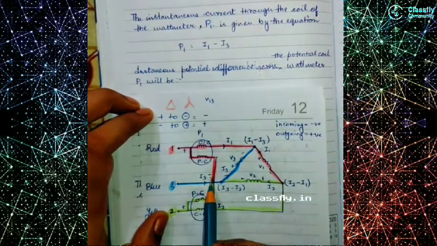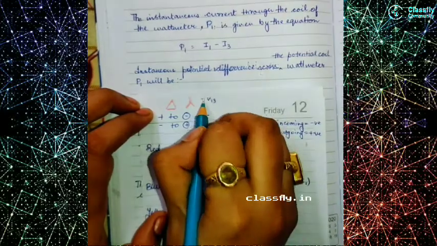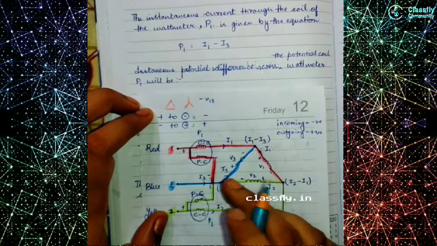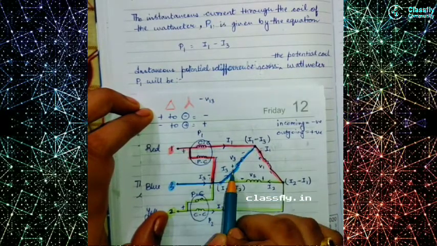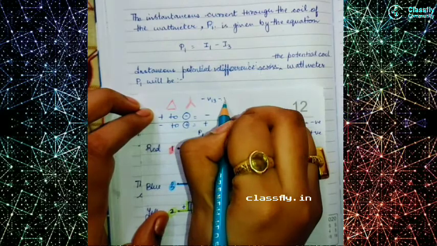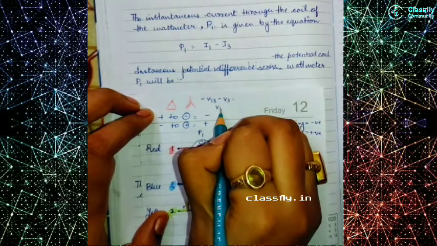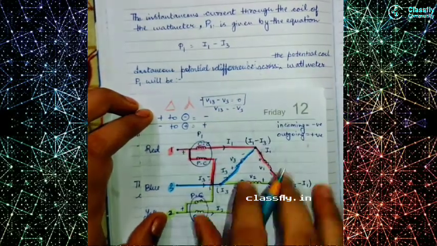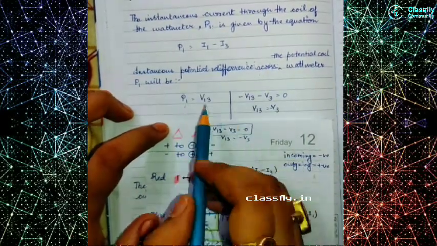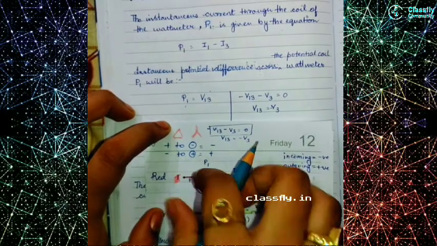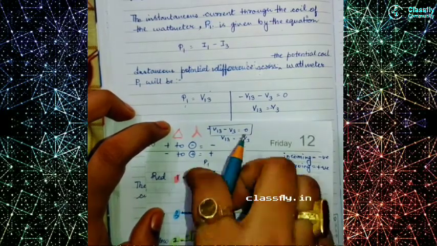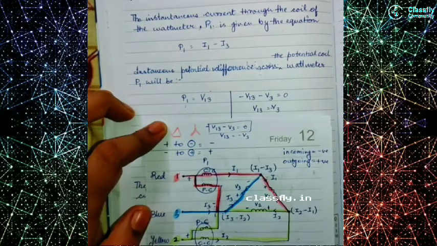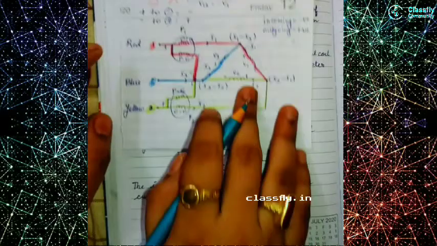So from positive to negative, that means minus V13, and as it is moving like this, we go this side, that is V3 from positive to negative. Similarly, it will be minus V3. So we get minus V13 minus V3, equated with 0. So the potential difference across the potential coil is V13, and V13 is equal to minus V3. I hope you understood till this.